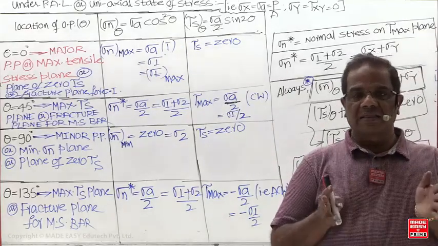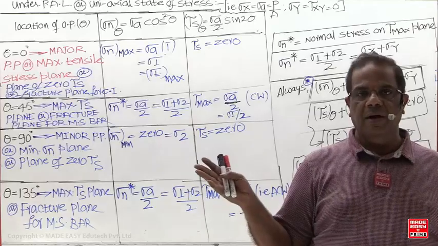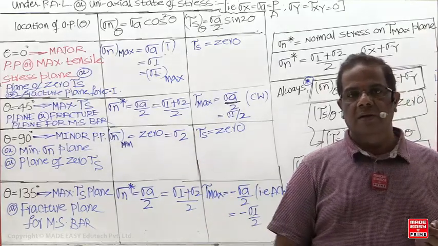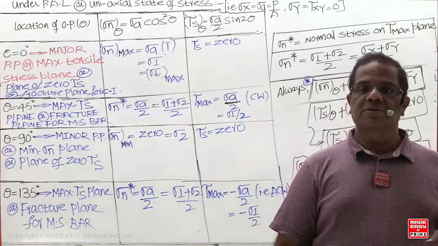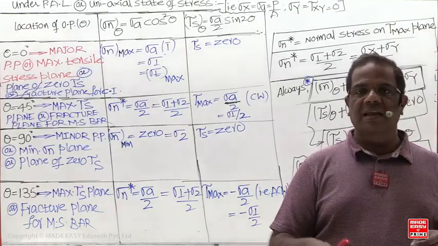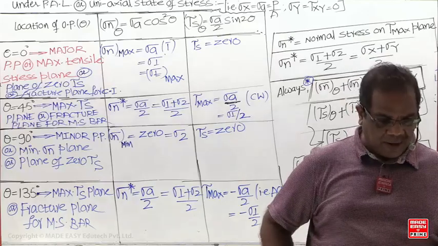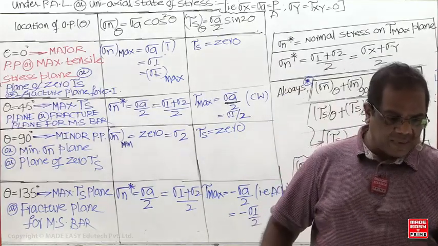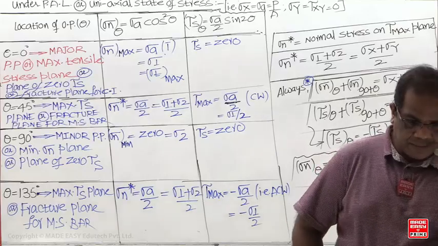All related things I am discussing at a time, instead of discussing separately. Some students forget also. Wherever similarities are there, all of that I am discussing at a time now. First write down the principal plane definitions.